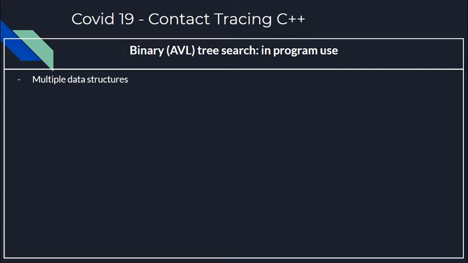So we looked at multiple data structures in C++, and one of the structures that I'm using here is this binary tree, this AVL tree for search. And the way we learn it in class is that you build this binary tree so that when the user wants data, the user can get the data fast.